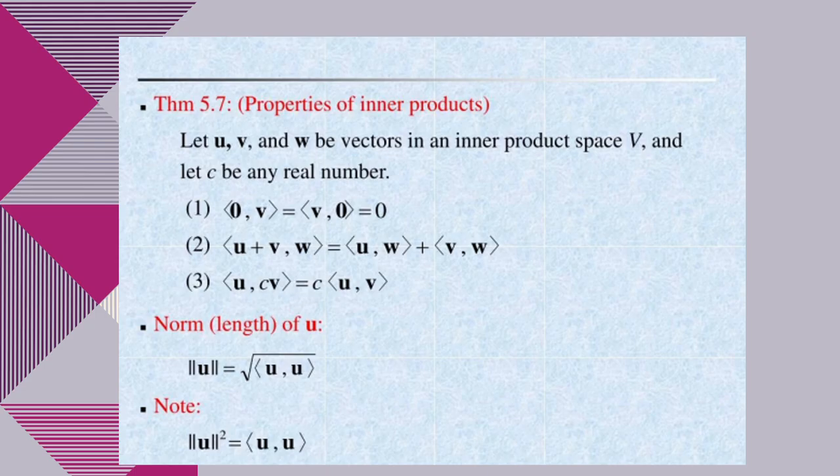We also define the norm or length of any vector u in an inner product space as the square root of the inner product of u with itself. This matches what we already know. Length squared always equals a vector dotted with itself.